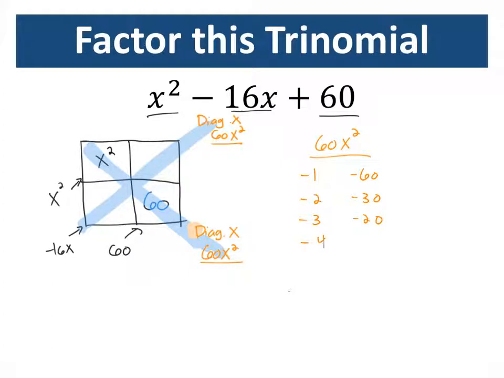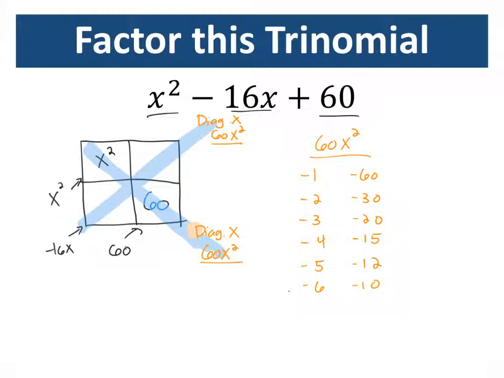Negative 4, 60 divided by 4 is negative 15. And negative 5, and negative 12. And negative 6 and negative 10.